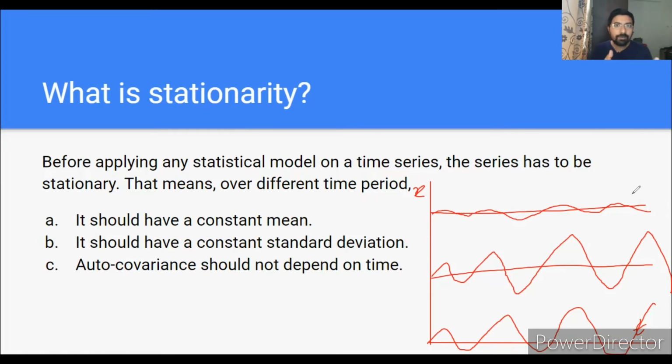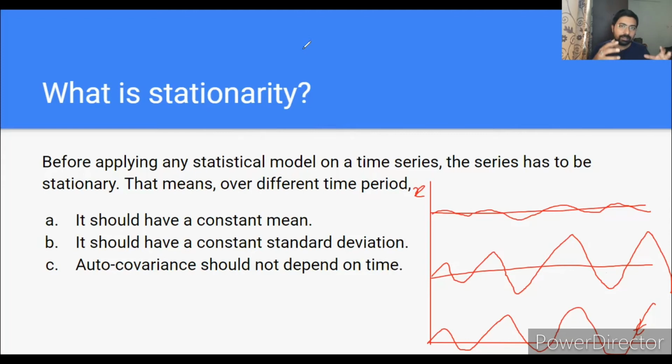Now this is a visual method. There could be multiple ways, but we'll discuss one visual way and another calculative way to get how stationary your time series data is.